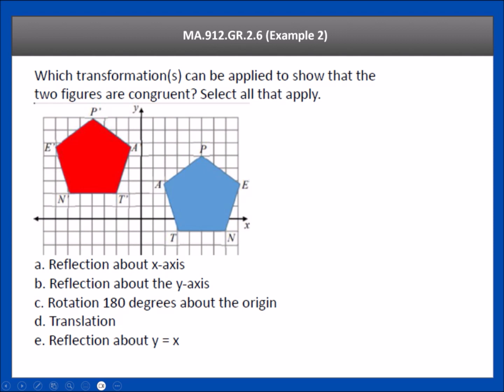This time we are just selecting from a list. So last time we said that we could translate this and then reflect it. So we're going to see if there's another way to do this.